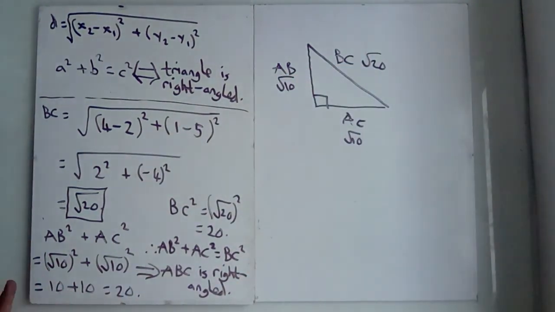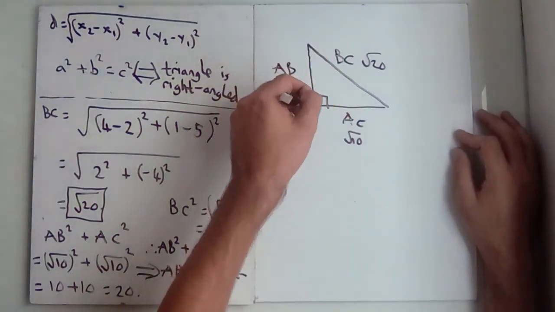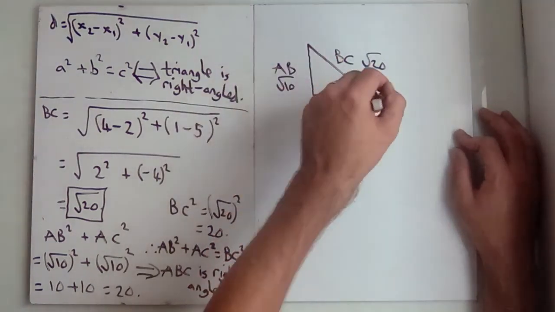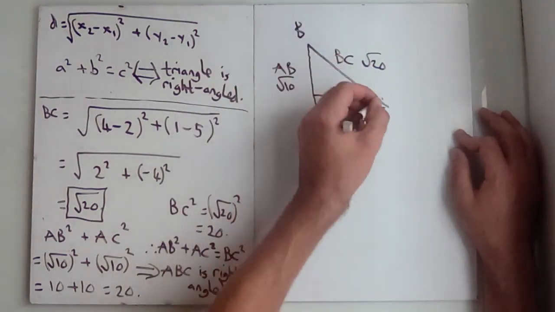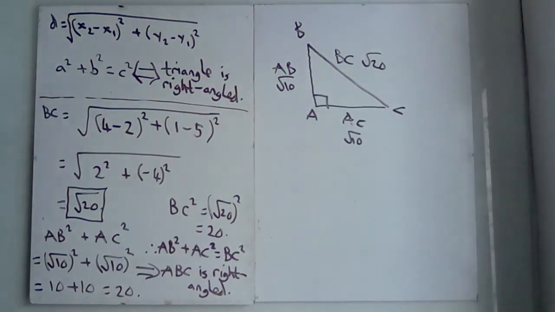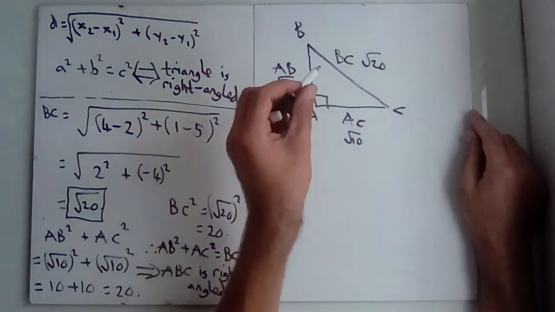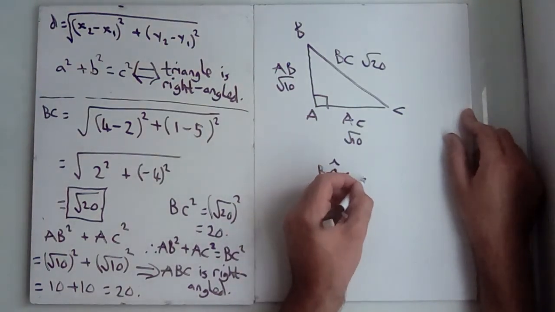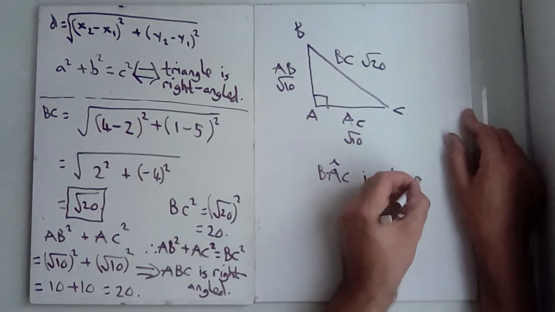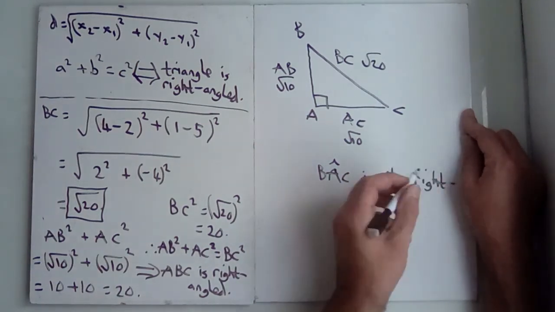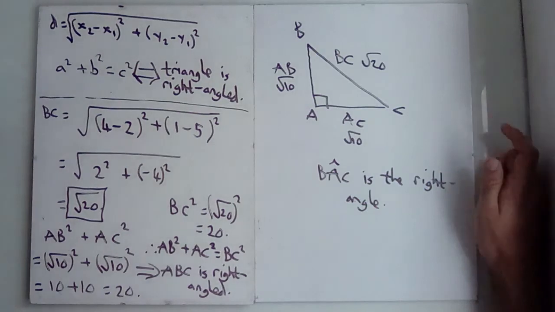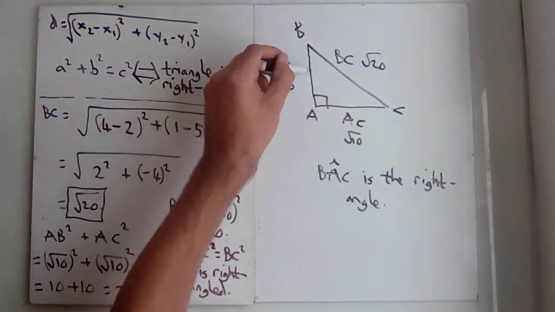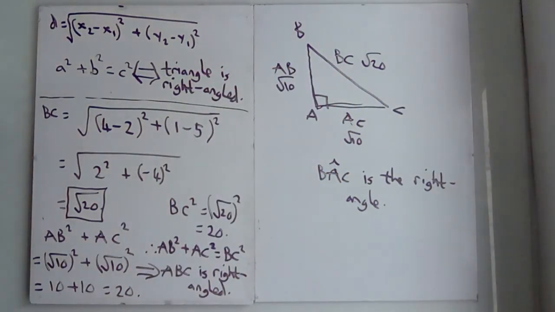So this is from B to C, this is A to B and A to C, so A must be here, B must be here, and C must be here, because otherwise it wouldn't work. So the right angle is angle BAC. BAC is the right angle. And I know this because if you go from B to A to C, that's the angle that you must turn through in order to do that journey.